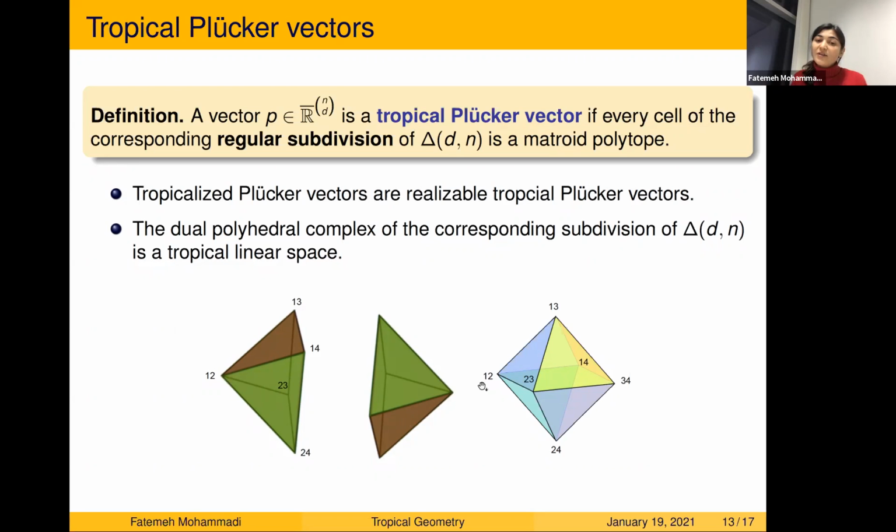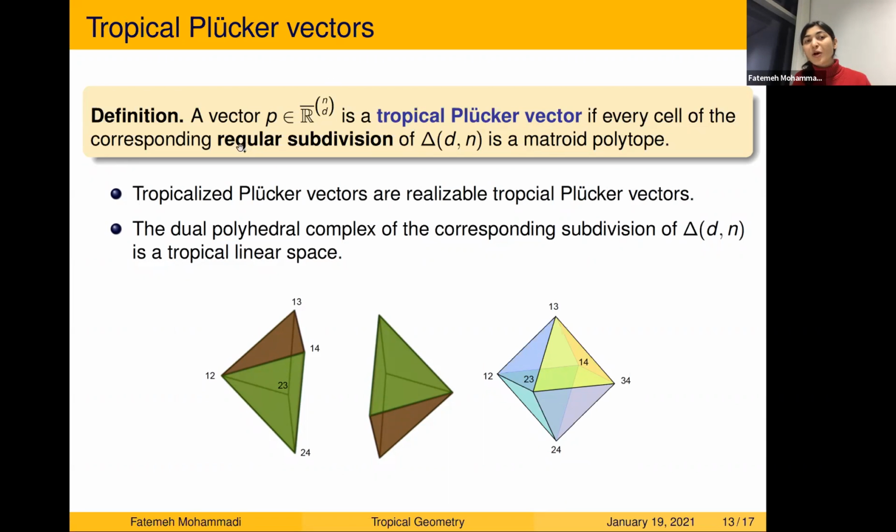Or maybe my labeling actually is not good. So 3,4 should be here, and also 1,2 should be here. Okay, so this picture should show you a subdivision of the hypersimplex into two smaller polytopes, each of which is indeed a matroid polytope. And if this subdivision has been induced by a vector as a regular subdivision, then that vector is going to be called a tropical Plücker vector.